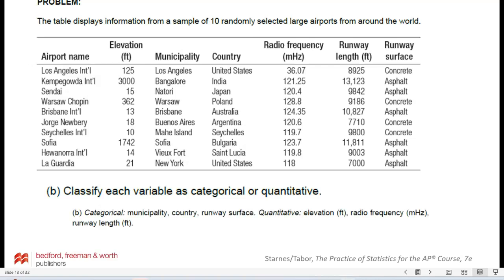Let's see if we got those all right. So categorical: municipality, country, runway surface. They actually didn't call airport name a categorical variable there. I guess that's just the names of the individuals, which are the airports.